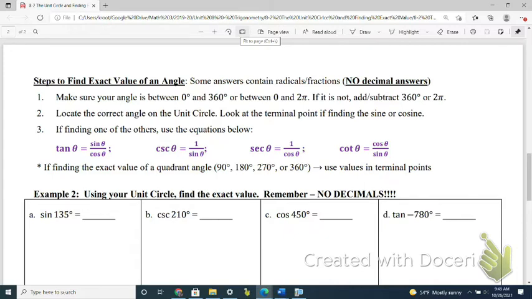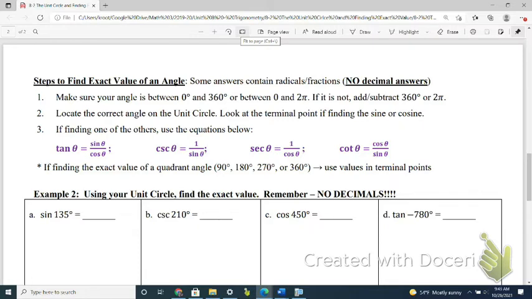Make sure your angle is between 0 and 360 or 0 and 2 pi, because that's what's on my unit circle. If not, we're going to add and subtract 360 or 2 pi until I get it there. We will then locate the angle on our unit circle and look for the terminal point if finding sine or cosine. Because if you're finding sine or cosine, that's the answer.